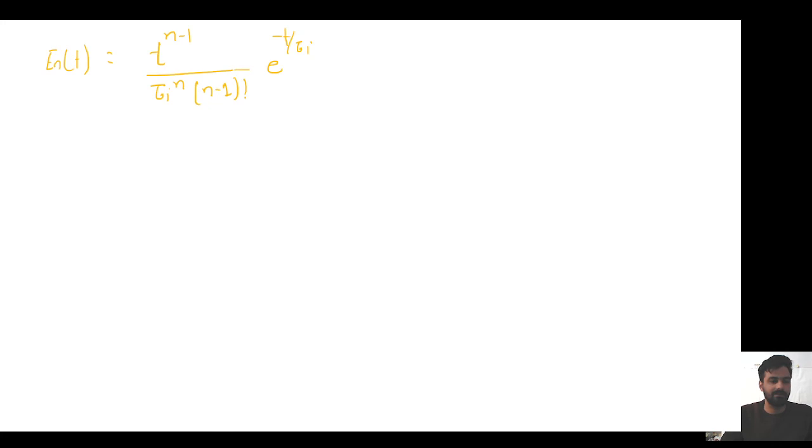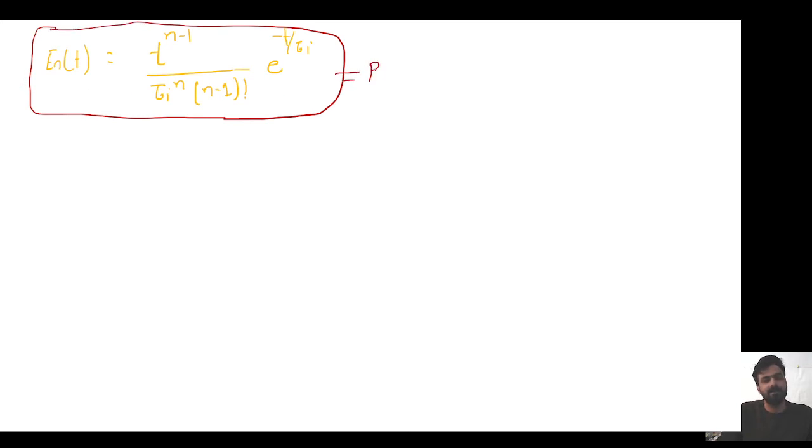Are you getting? So this is the recurrence relation for the RTD function. This is our RTD function of the nth order reactor in series. Are you getting? So you have derived the RTD function now.